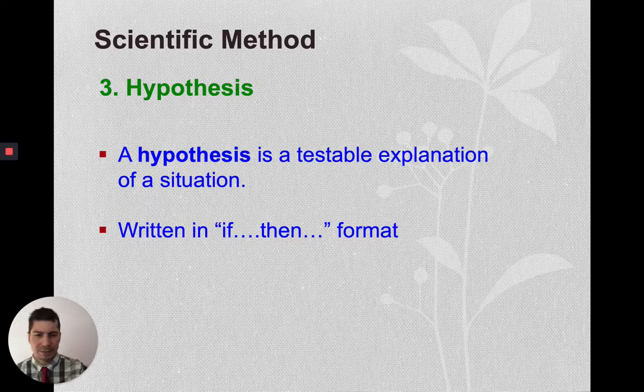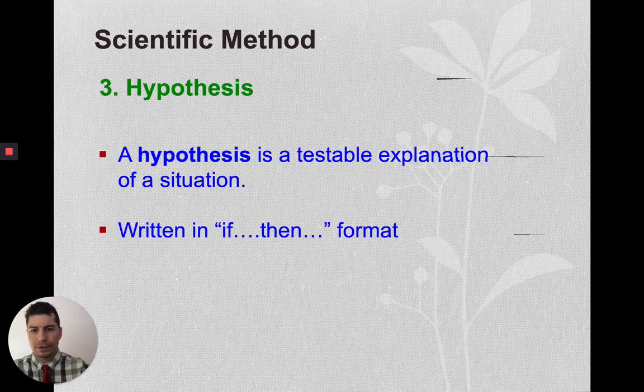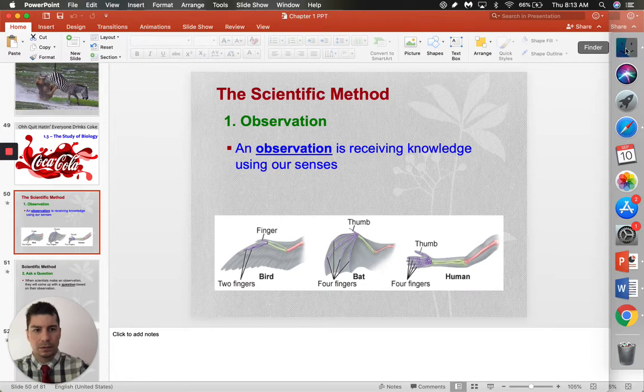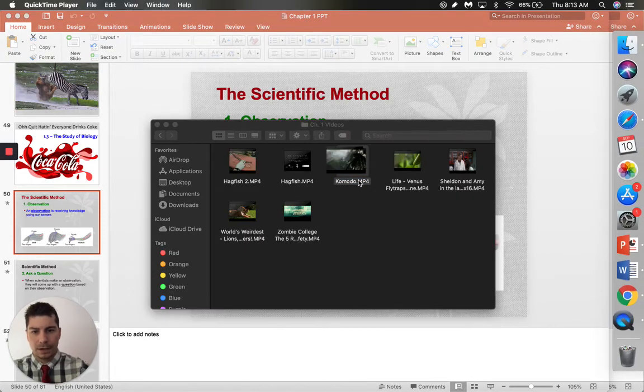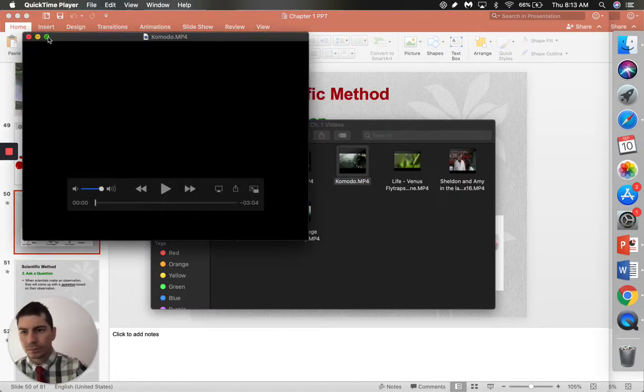Pretty simple. But a hypothesis has to be testable. If it can't be tested, you can't do an experiment on it, and it's not part of the scientific method. So, all right, let me show you guys a little video here real quick. We're not going to watch the whole video, just a little bit of it.